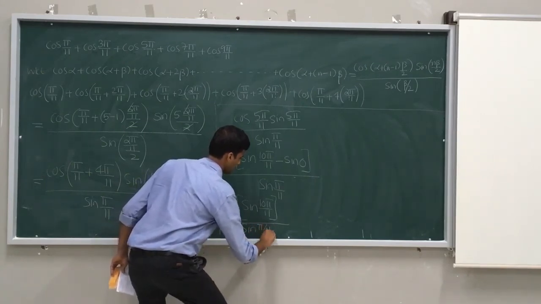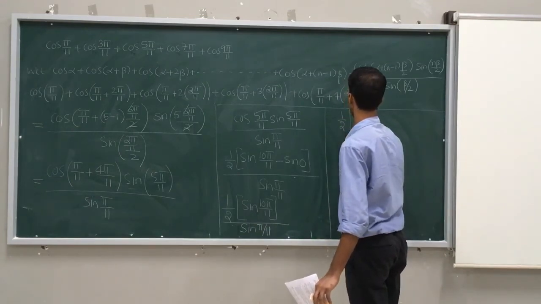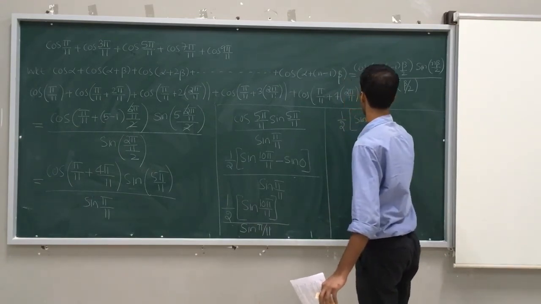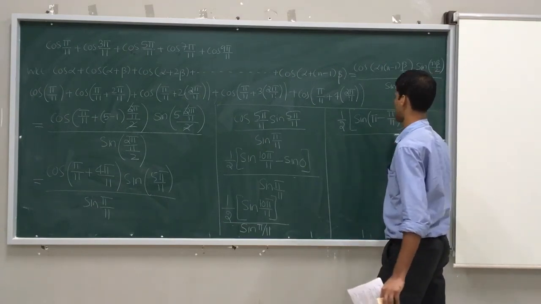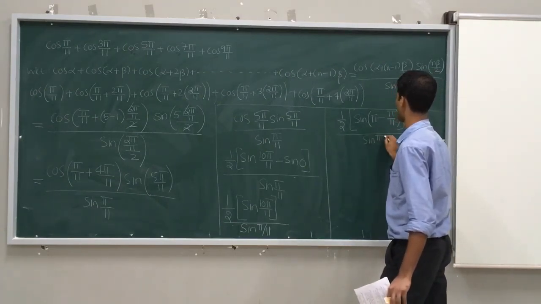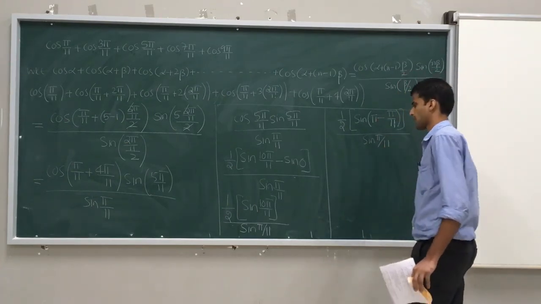Now I will write this as 1 by 2 times sin of pi minus pi by 11, divided by sin pi by 11, because 11 pi minus pi is 10 pi.